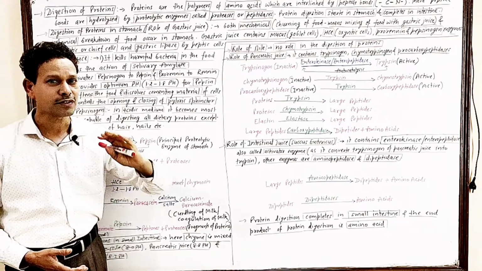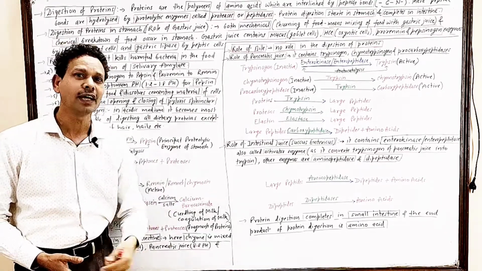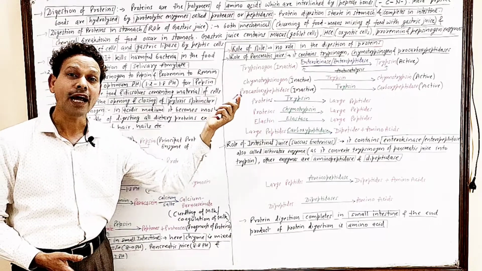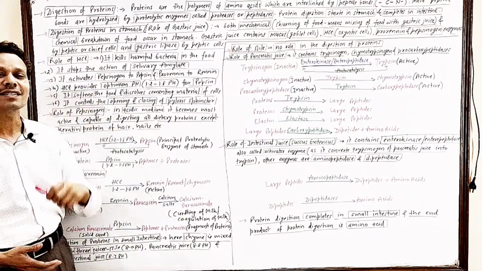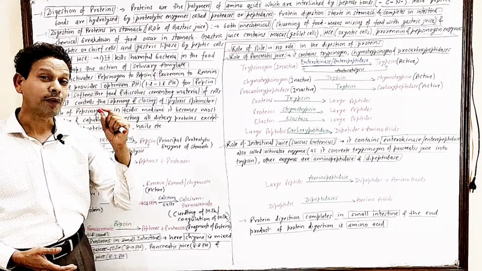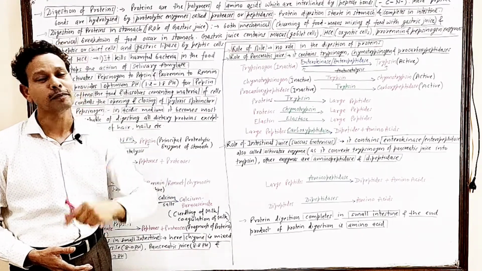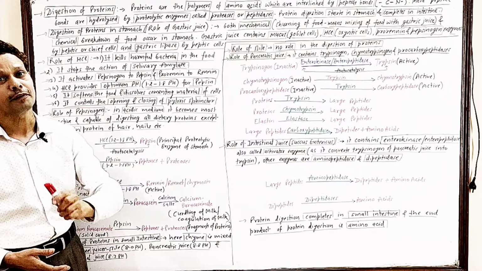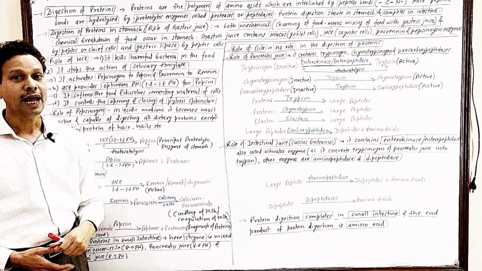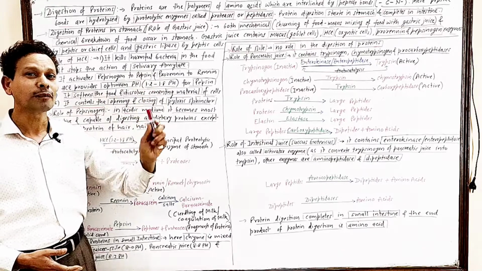It means HCl activates these inactive forms of enzymes. HCl provides optimum pH for these enzymes, and the specific pH which is maintained by HCl is 1.2 to 1.8.